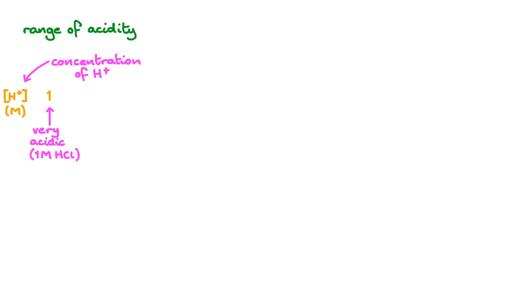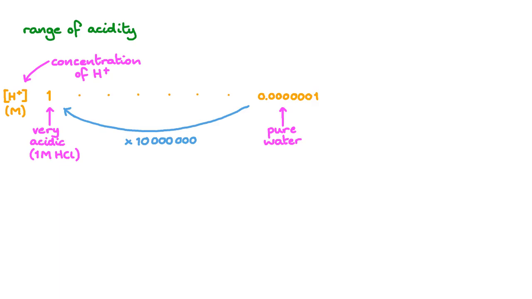A very acidic solution, like 1 molar hydrochloric acid, would have a very high concentration of H+ ions. 1 molar HCl has 10 million times more hydrogen ions per volume than pure water. While a very basic solution, like 1 molar sodium hydroxide, will have a hydrogen ion concentration much smaller.